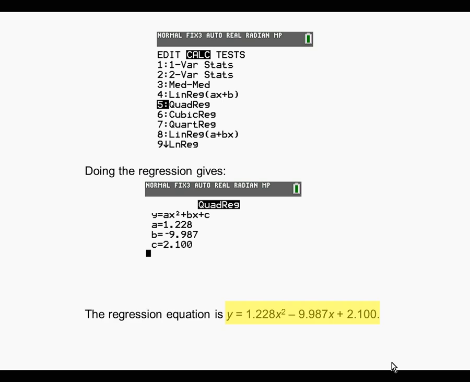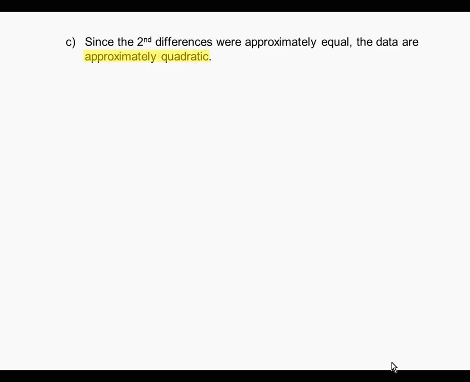So there's our regression equation: y equals 1.228x squared minus 9.987x plus 2.100. Remember, for part C, the second differences were not exactly equal, they were approximately equal, so this is approximately or almost quadratic. So for part C, it's approximately quadratic.